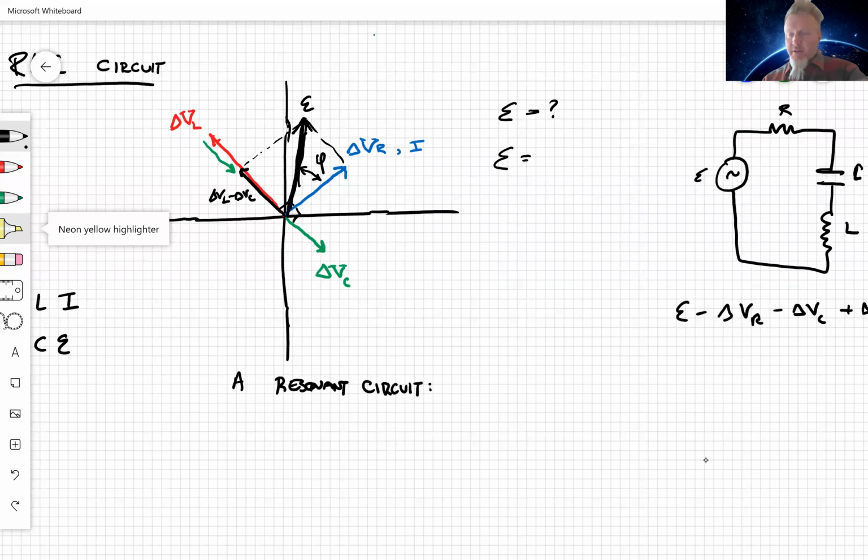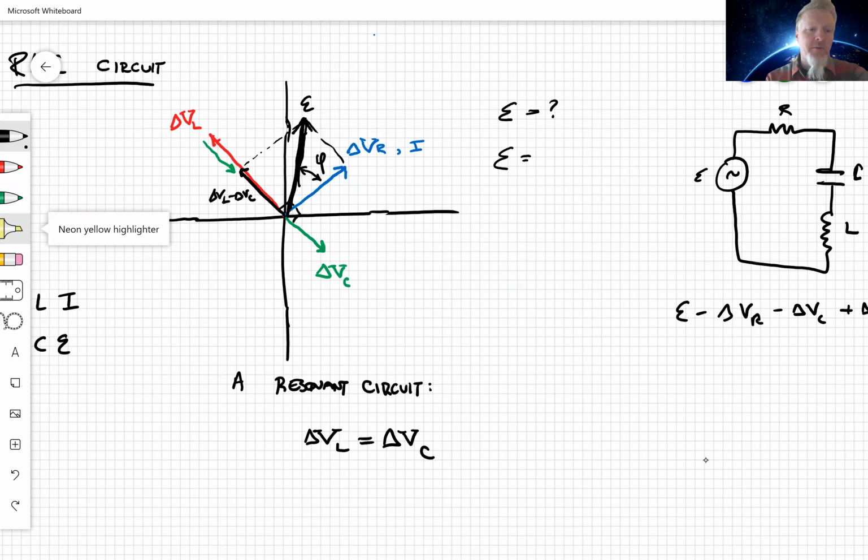If I go back to an LC circuit, first of all, the voltages are going to be the same. Delta VL is going to equal delta VC. The phasors are opposite, but the magnitudes are going to be equal, right?